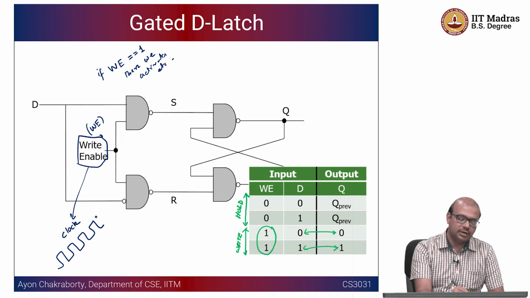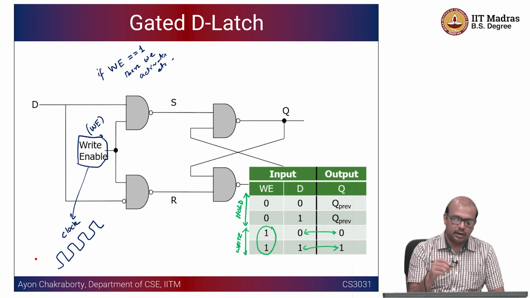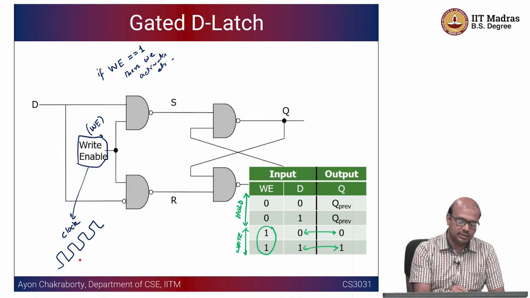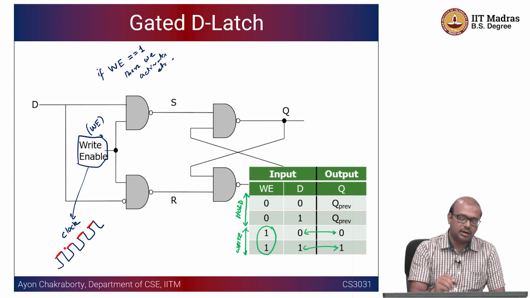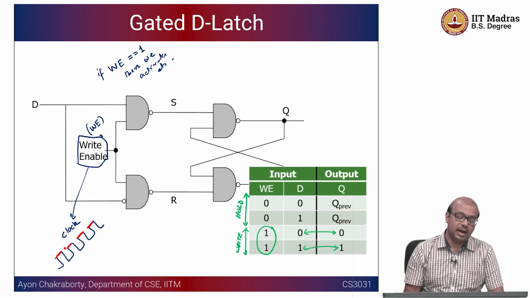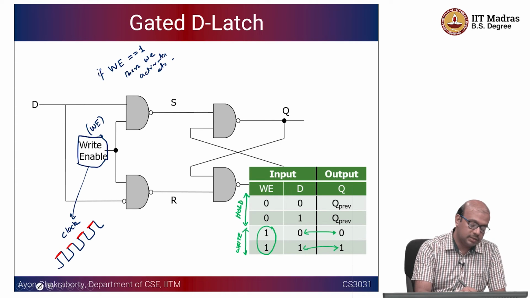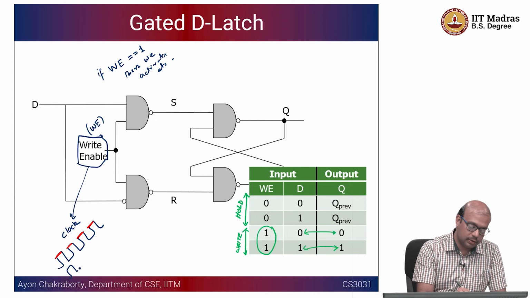If we just replace this by a clock, we do not want to execute write operations over this entire interval. The red marks allow any writing; this is where you are enabling writing. Rather, what we want to do is not put it there. I will draw one more parallel clock.